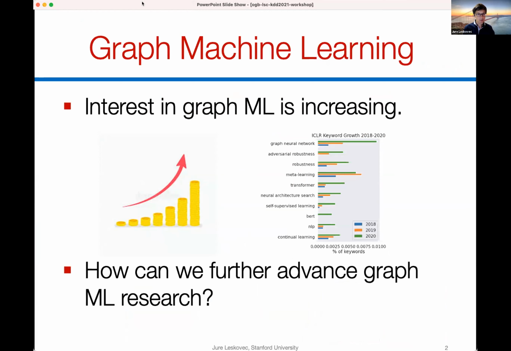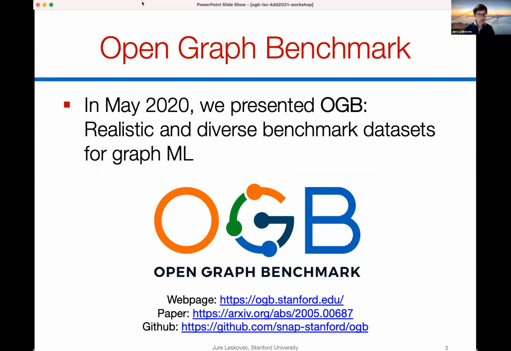About a year ago, we've been asking ourselves how can we help further move the progress in this exciting area. So in May of 2020, we presented what we call OGB, Open Graph Benchmark, which is a realistic and diverse benchmark data set for machine learning with graphs.